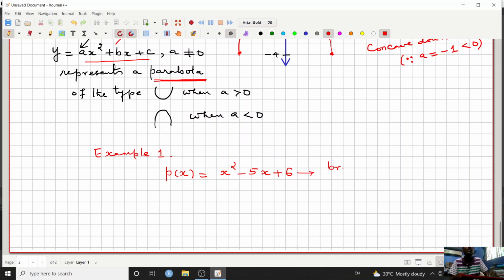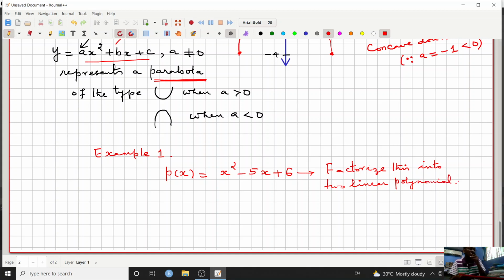The breaking is otherwise known as factorizing. We are going to factorize this into two linear polynomials. And remember that not every quadratic polynomial can be factorizable.